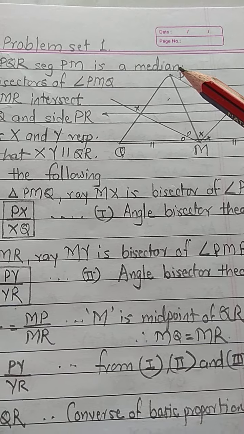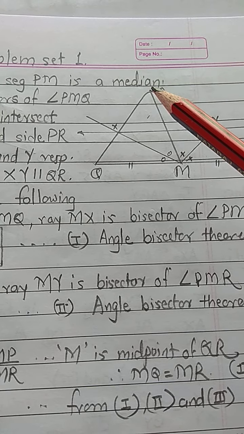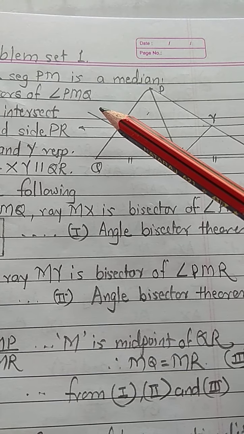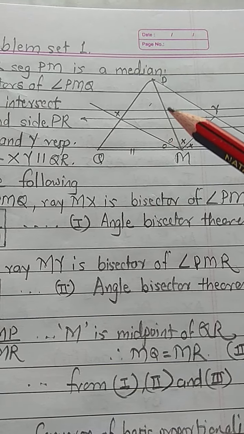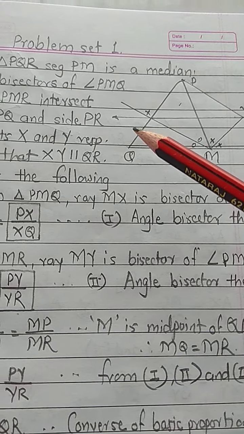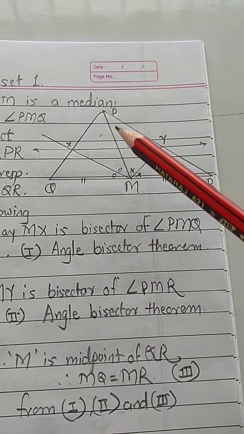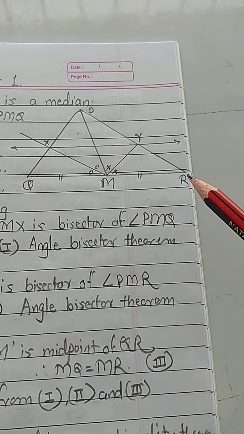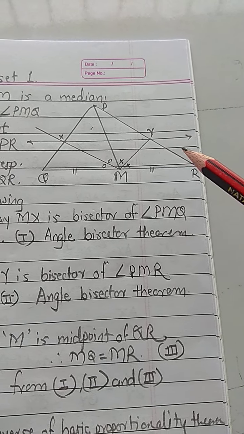Now we can have, by angle bisector theorem, as ray MX is the bisector of angle PMQ, PM upon MQ is equal to PX upon XQ. In triangle PMR, we can write PM upon MR is equal to PY upon YR.